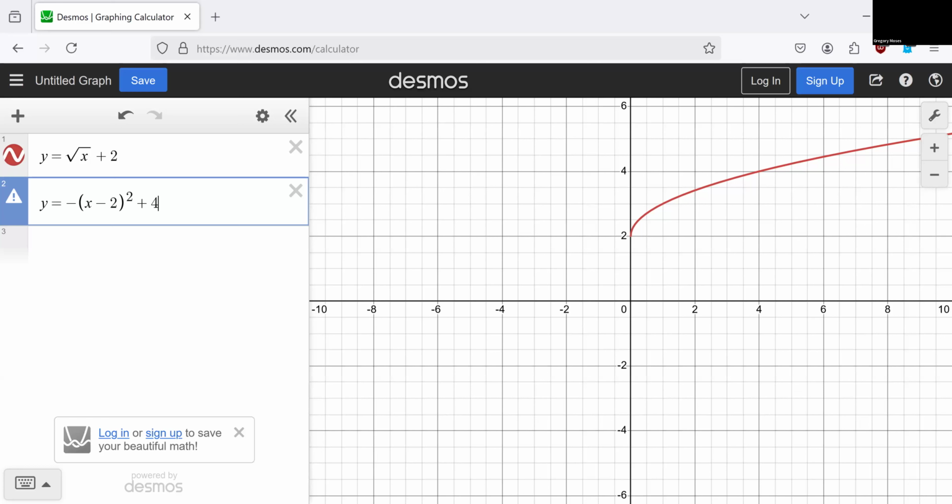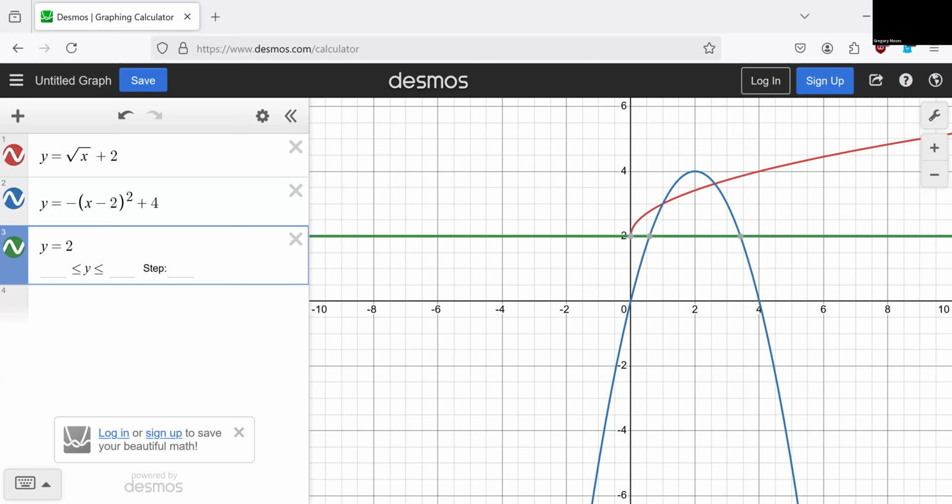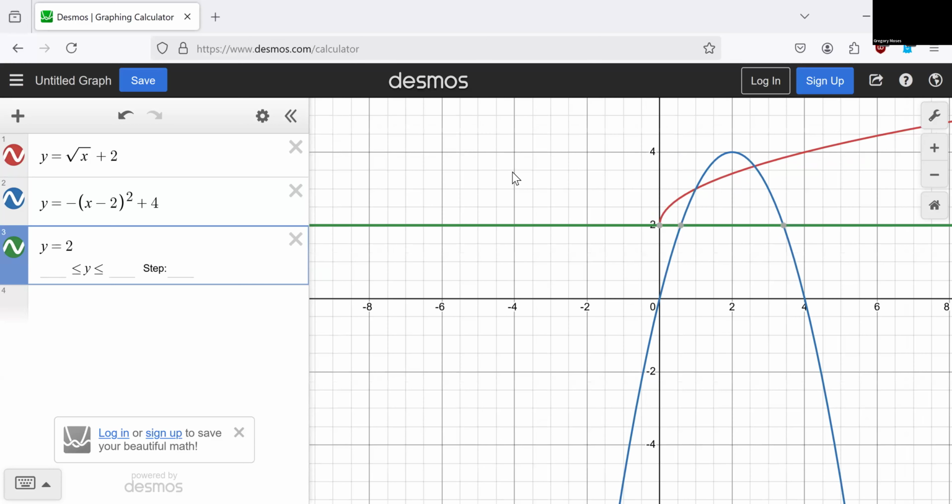And this is convenient. And y equals 2. No, let me fix this. This is close to what I want it to be.